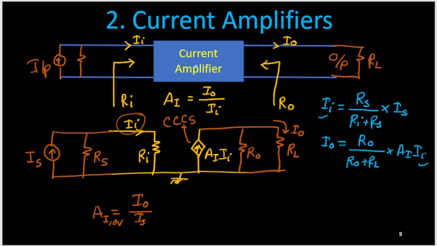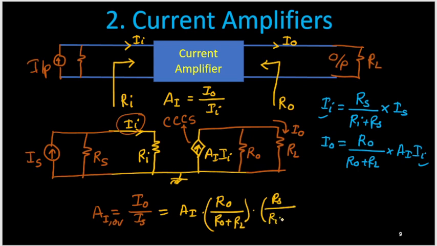So again you will see that we have two factors along with this AI. The first term is AI, the open loop current gain for this amplifier, without any load on the input current source. One factor is R0 upon R0 plus RL. Another factor comes from Rs upon Ri plus Rs.